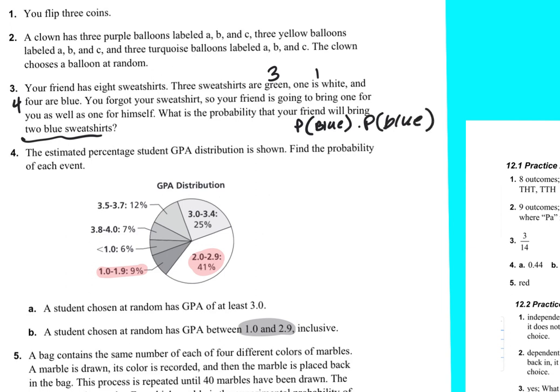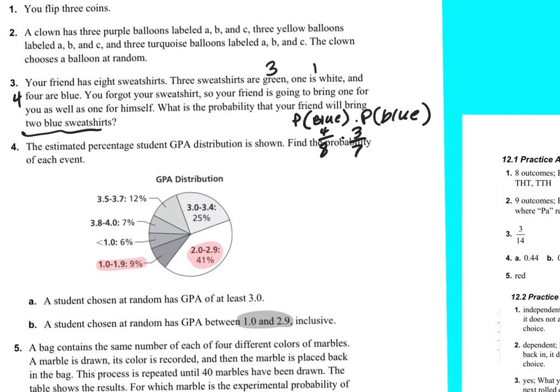So you can either go through and do all the sample space, green with green, green with white, you could go all the way through there, or you could figure out those individual probabilities. What's the probability that it's blue? It's 4 out of 8 to begin with, because the first time would be 4 out of 8. And then if you already picked blue, what's the probability that you get blue again? 3/7.